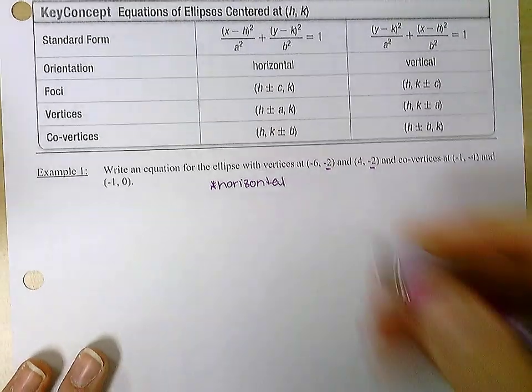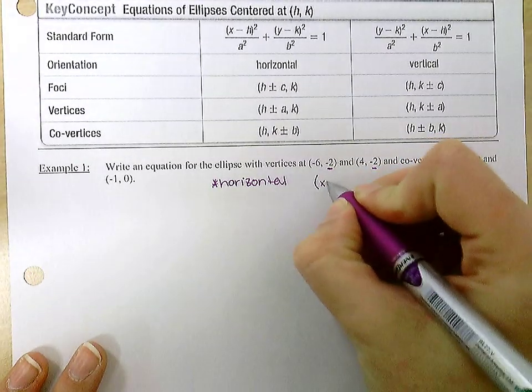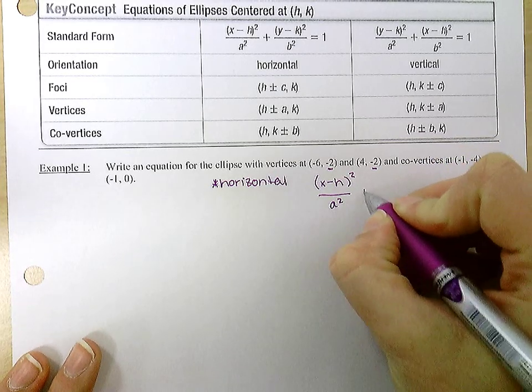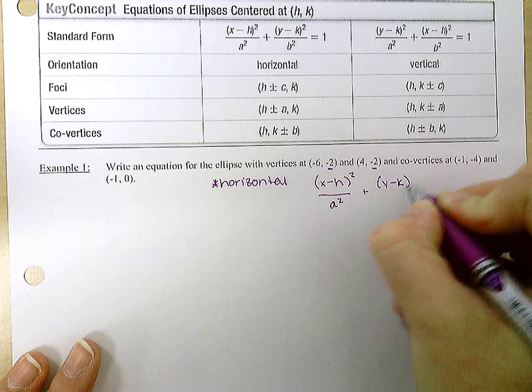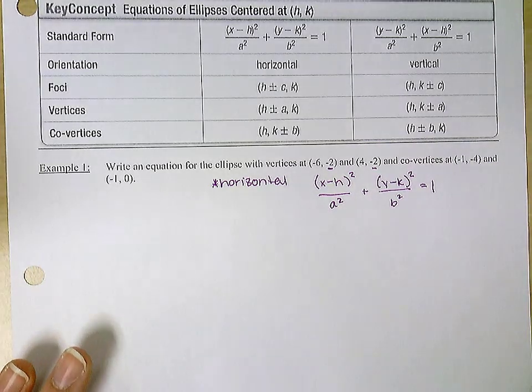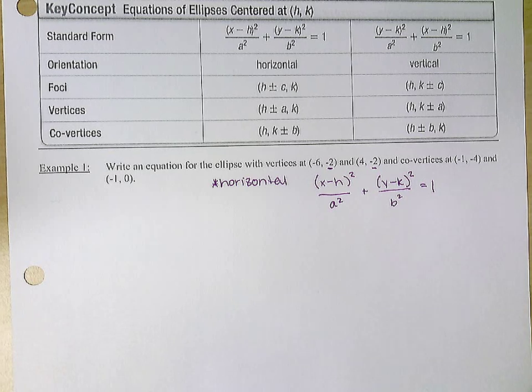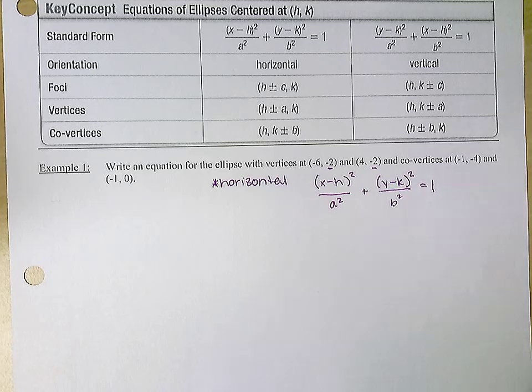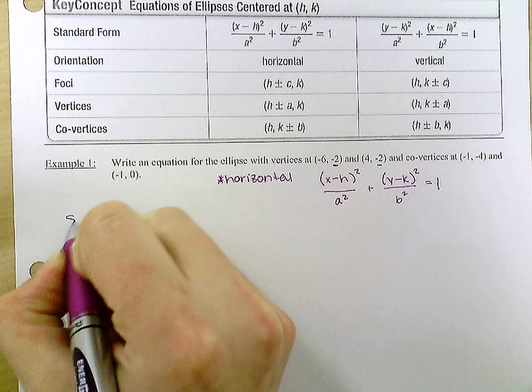So that means I'm in the form x minus h squared over a squared plus y minus k squared over b squared is equal to 1. My first step after that is to find the center.